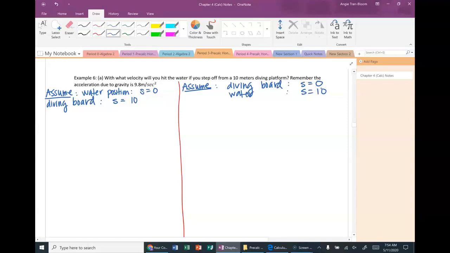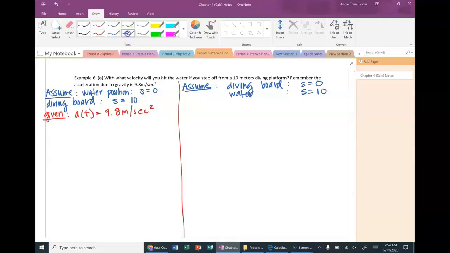You just have to be mindful of a certain thing. Now, over here on the left side, you were given an acceleration of 9.8 meters per second squared. That was stated in the question.